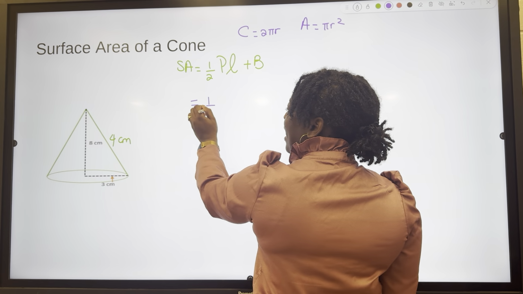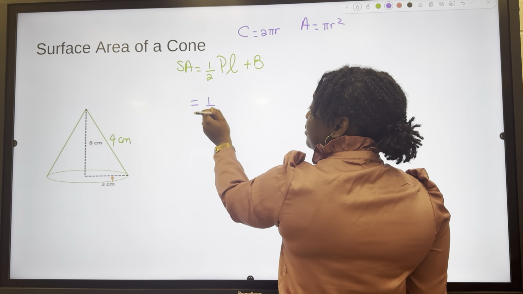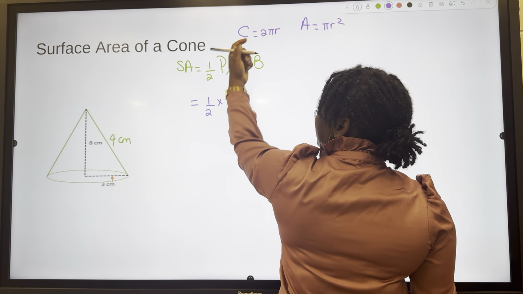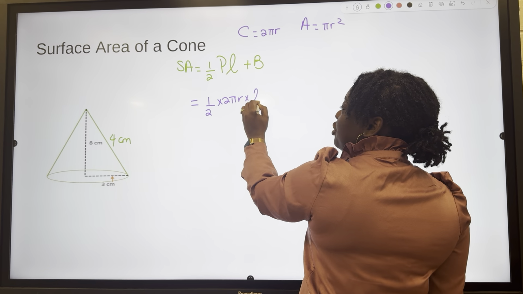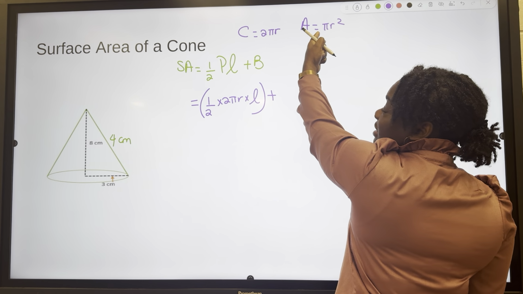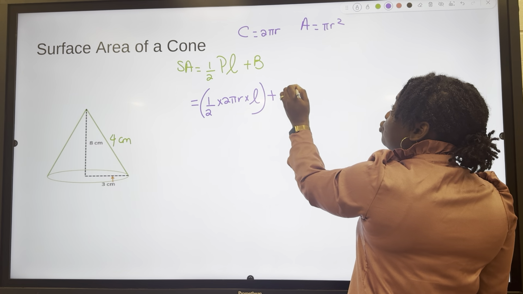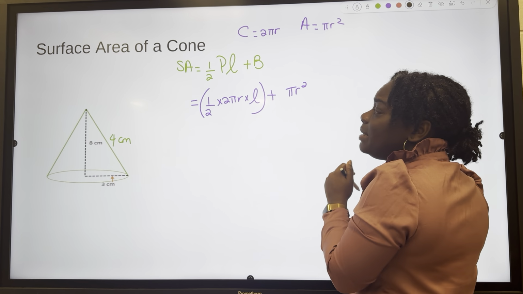So it's half times, what's the perimeter again? 2 pi r times your slant height L, plus B, which is the area of the base, which will be just pi r squared. Now let's tidy this up a little bit.